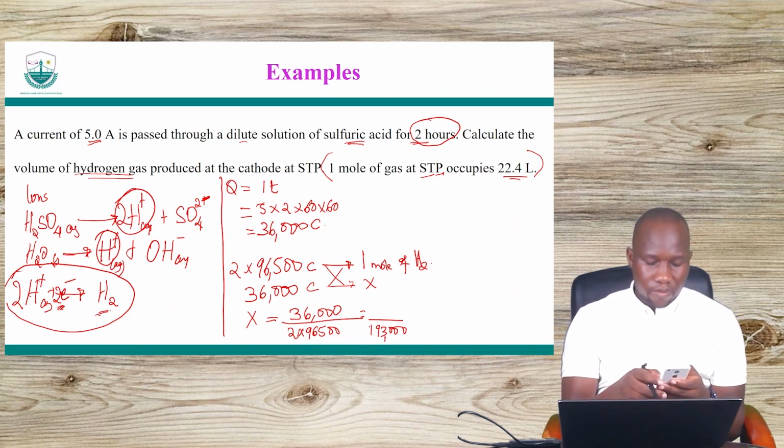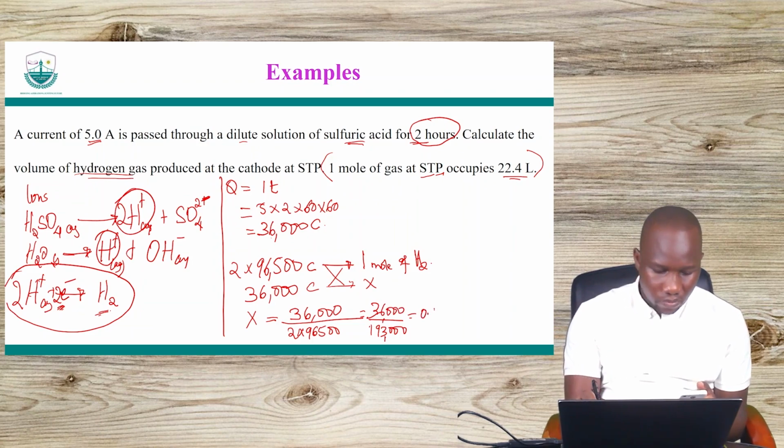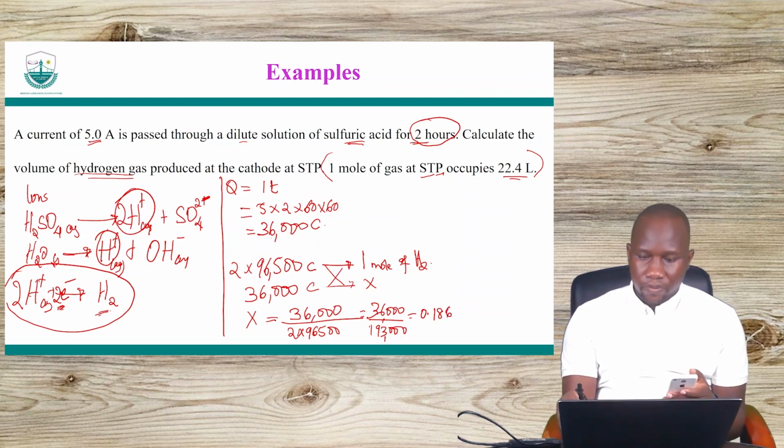What do you have up? 36 divided by 193 with the 3 zeros. This gives you 0.186, right? Moles.